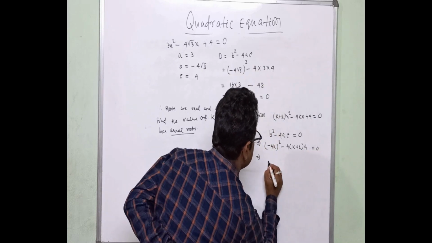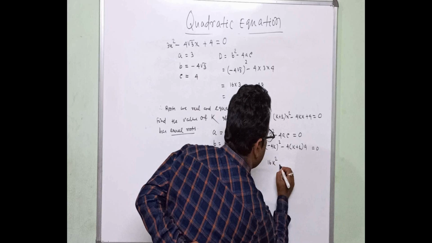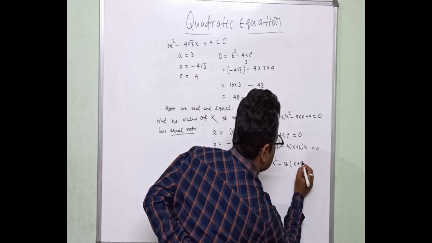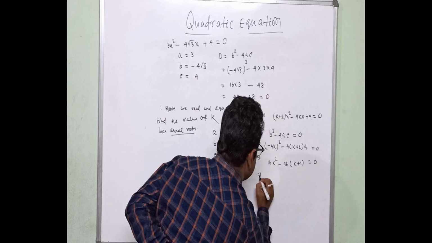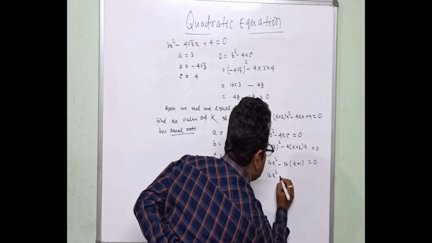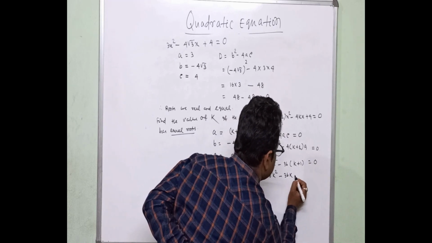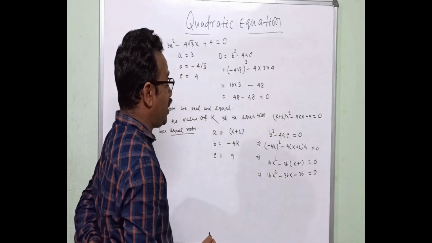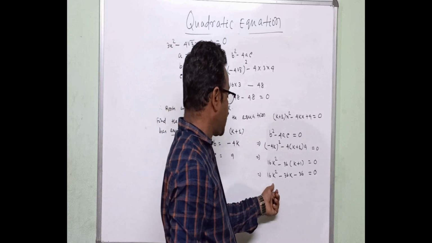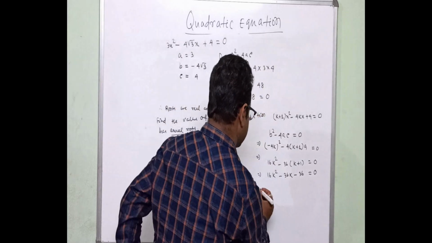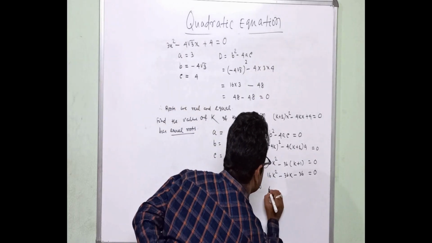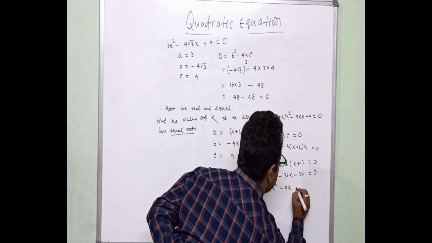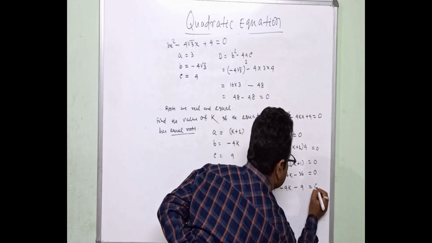That implies 16k square minus 36 into (k plus 1) is equal to 0. That implies 16k square minus 36k minus 36 is equal to 0. So now to reduce this equation, we can divide it by 4. So we write 4k square minus 9k minus 9 is equal to 0.